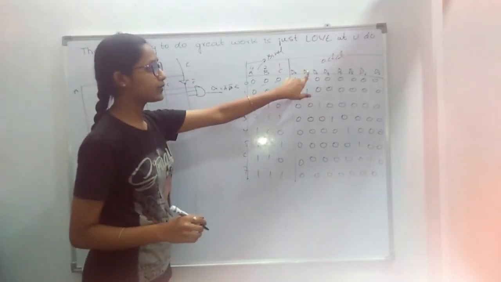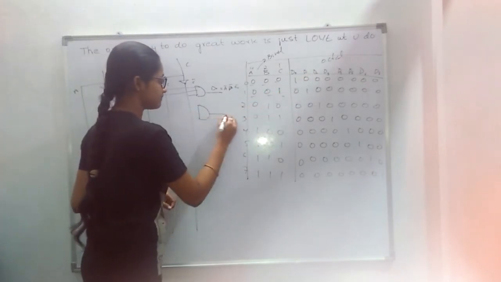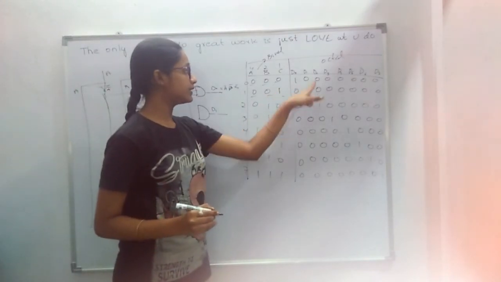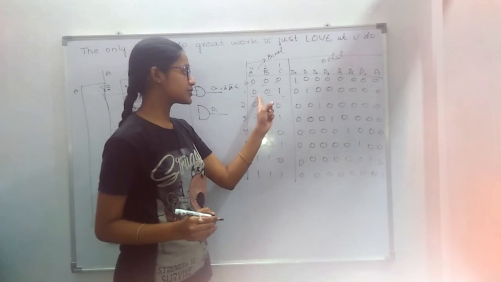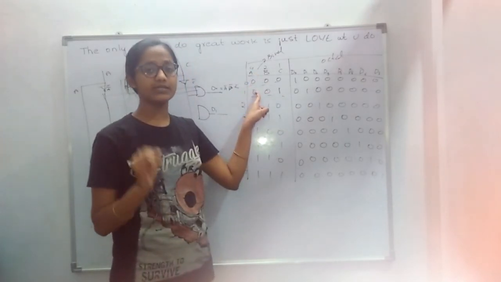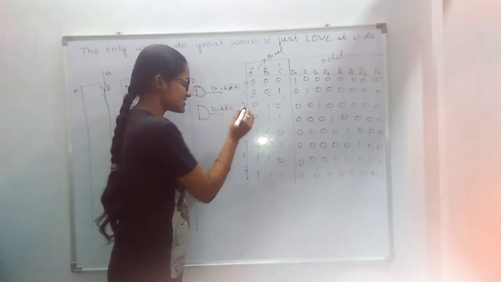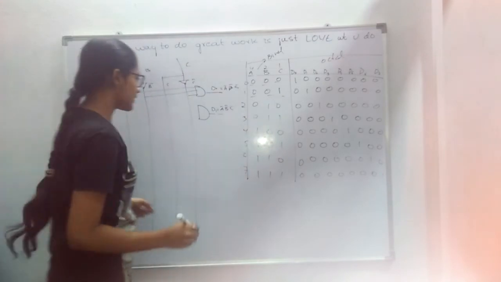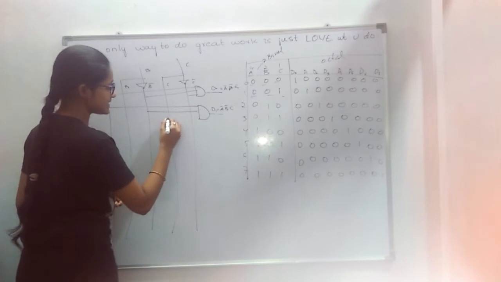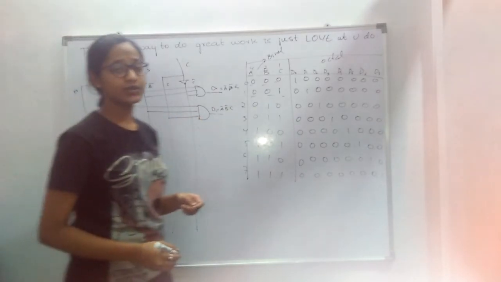And if you would like to represent D1, with an AND gate, to make D1 high, the inputs are 0, 0, 1. So as A is associated with 0, you have to take A bar, B bar and C as it is, since it is 1. So A bar, B bar and simply C. And so on, how many gates will you get?